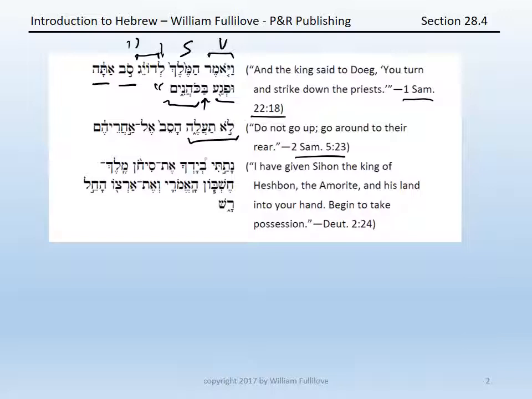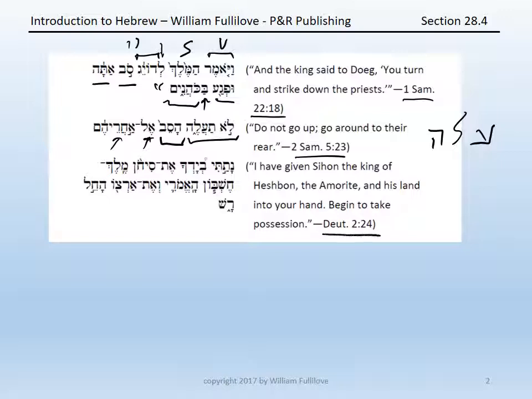So lo plus a qal imperfect second masculine singular of alah, the third he verb, go up. So do not go up. Instead, hasev, hifil imperative masculine singular of savav, go around, el acharehem, behind them or their rear.